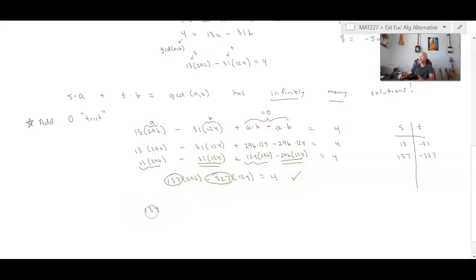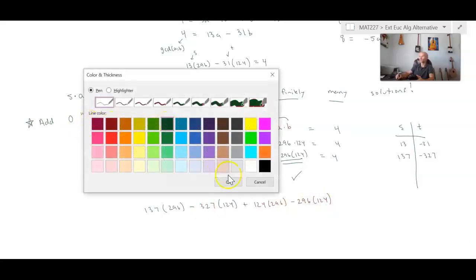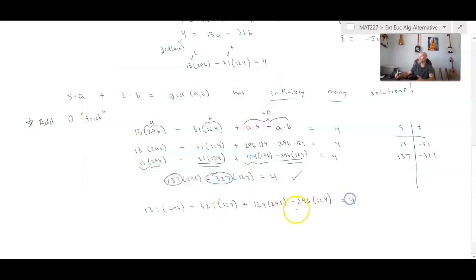So let me do that. 137 times 296 minus 327 times 124 plus 124 times 296 minus 296 times 124. Again, those are like terms and they add up to 0. So I haven't changed the equation any, but I can do the same thing. Once again, I have 137 296s.